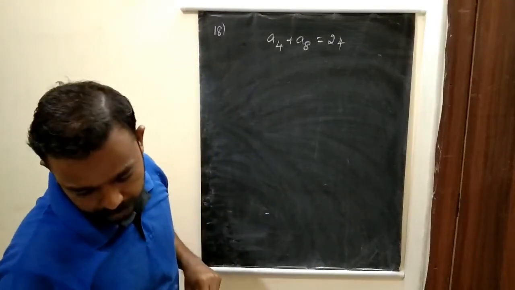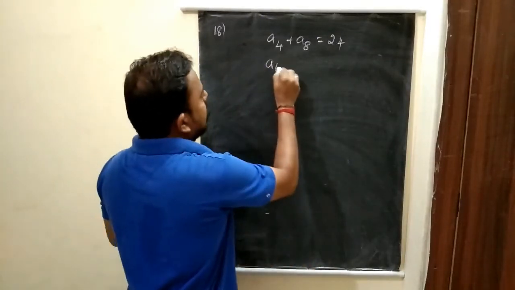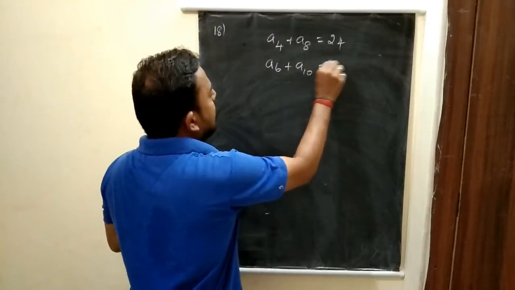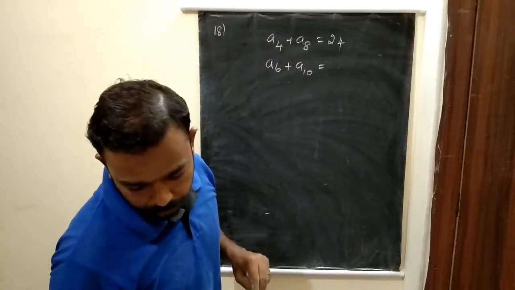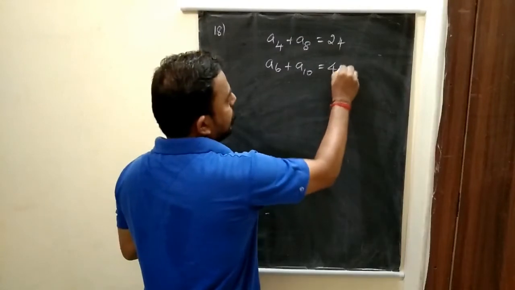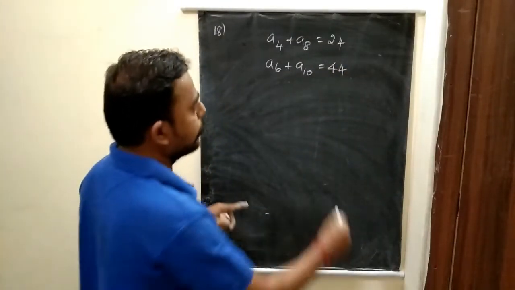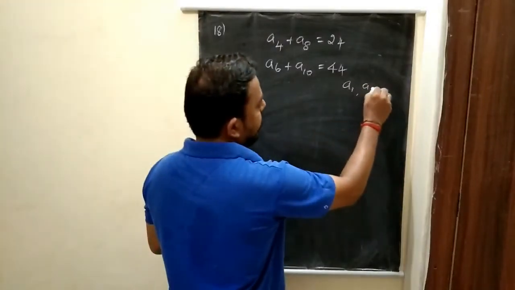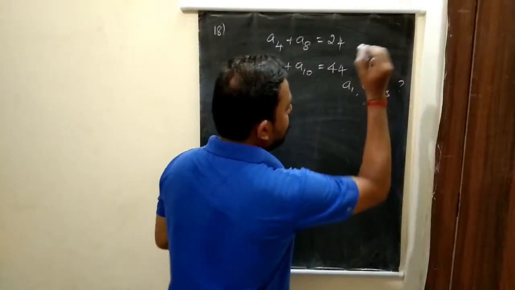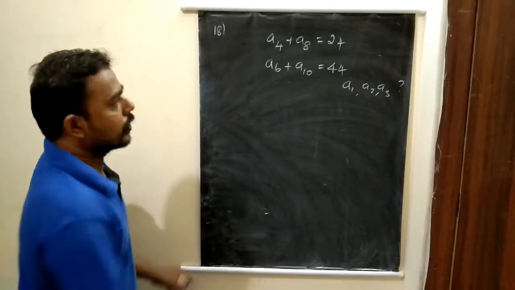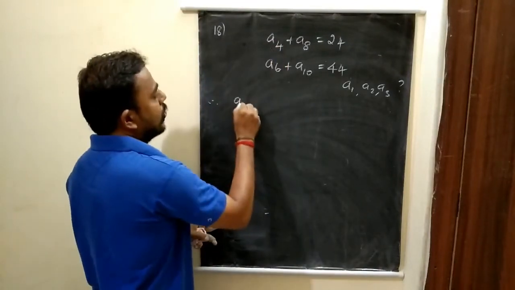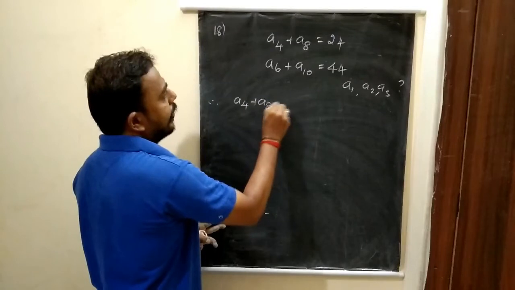And the sum of sixth and 10th terms equal to 44. Question. Find the first three terms of the AP. That is A1, A2, A3, question mark. So the sum, that is A4 plus A8 equal to 24.